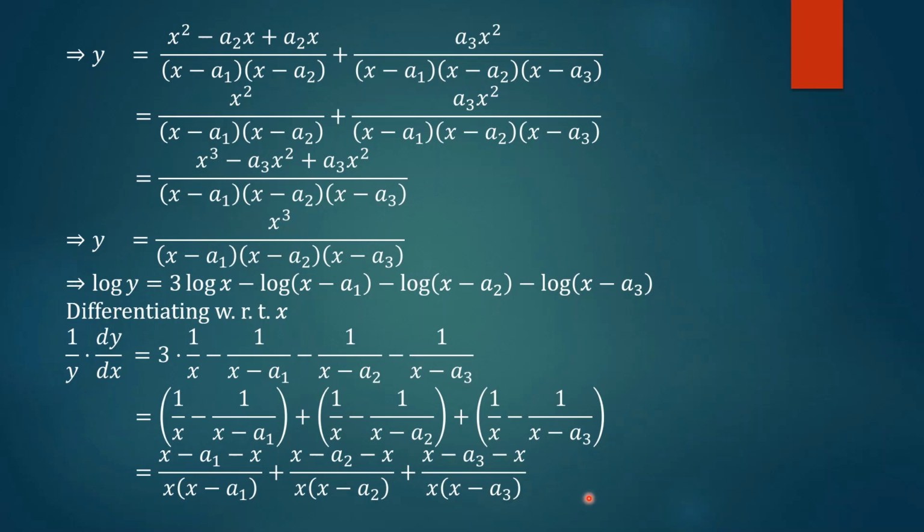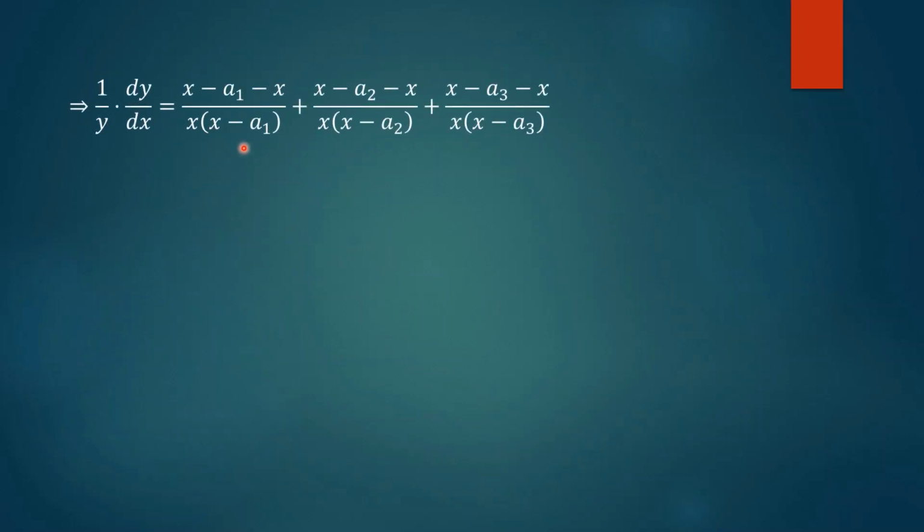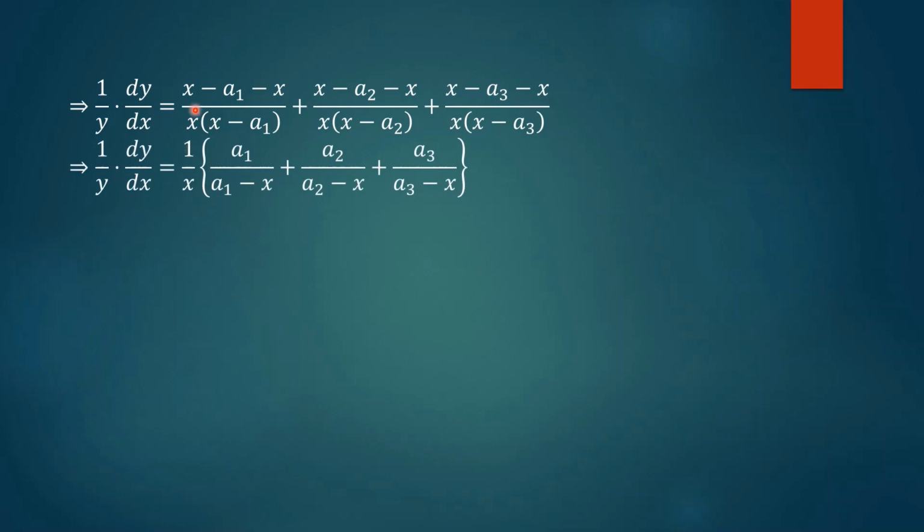You see the next screen. This is the previous line, which I have written here again. And then the next line will be, 1 by x is common, so 1 by x is taken out. It is actually minus a1 by, but I have written a1 by a1 minus x, adjusting that minus with the denominator.